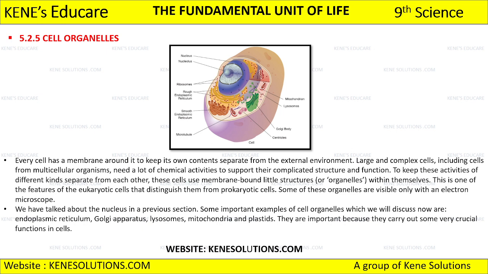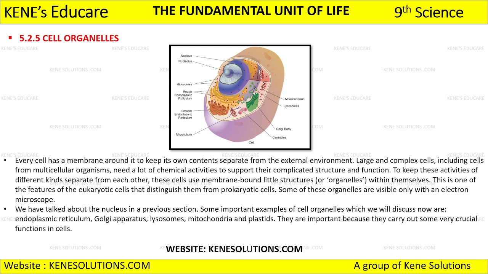The first type is known as smooth endoplasmic reticulum, and the other one is rough endoplasmic reticulum. Then we have lysosomes, mitochondria, and plastids, and even vacuoles, which we are going to discuss.